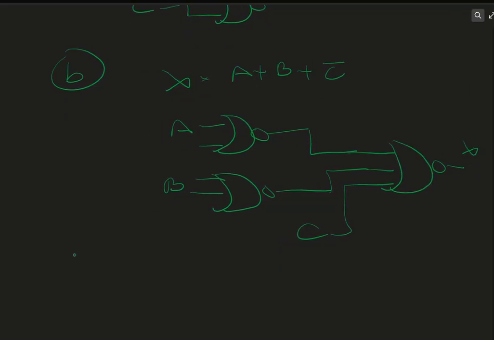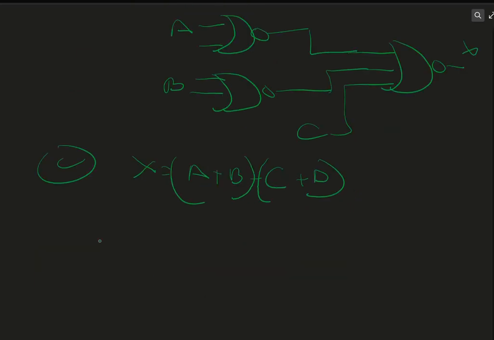I don't want to invert it, so let's go for number 3. X equals a plus b, c plus d. Let's do De Morgan.